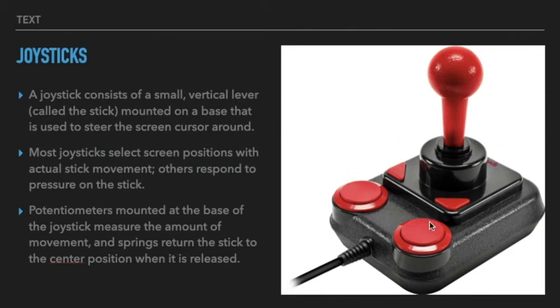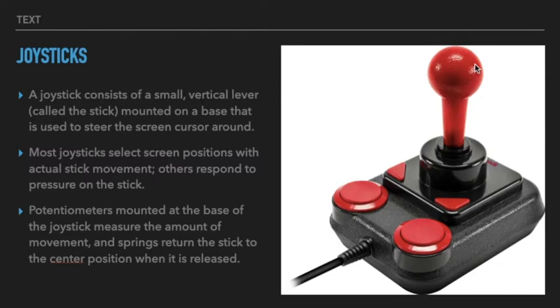It consists of a small vertical lever mounted on a base that is used to steer the screen cursor around. Most joysticks select screen position with actual stick movement. Others respond to the pressure on the stick. There are some joysticks in which the amount of movement is determined using the pressure applied on the stick instead of the stick movement.